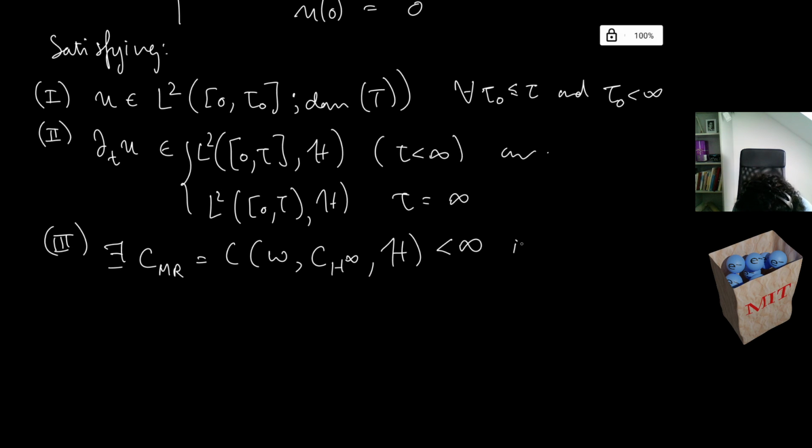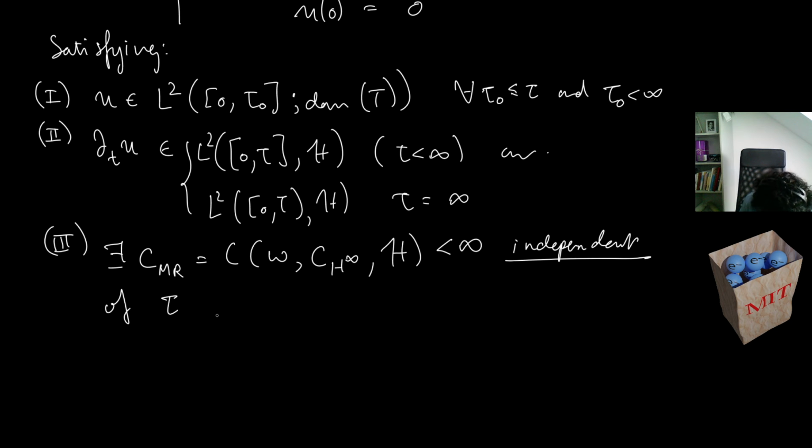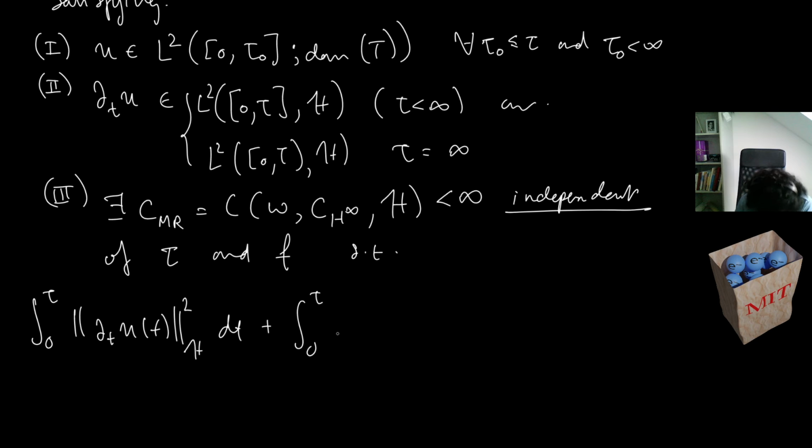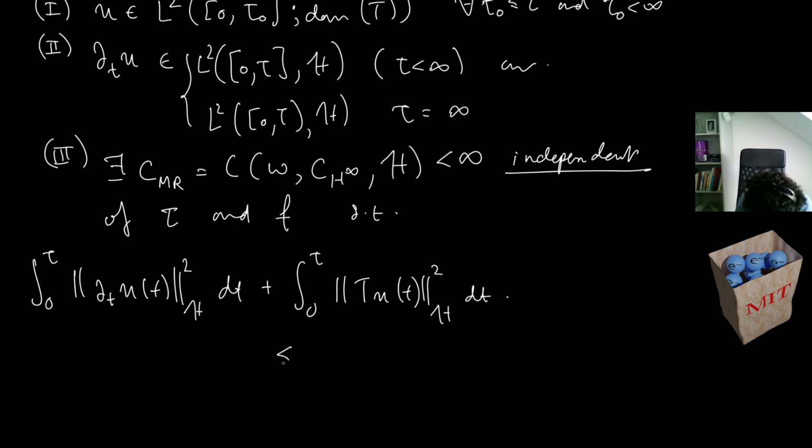But the main important thing is that this is independent of tau and f, such that the integral 0 to tau of the norm of ∂_t u squared in H dt plus the integral 0 to tau of the norm of Tu squared in H dt is less than or equal to C_MR times the integral 0 to tau of the norm of f(t) squared in H dt.